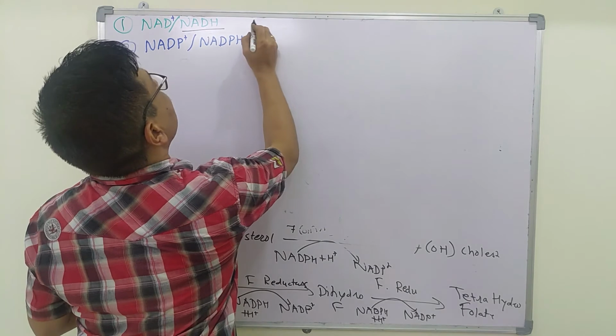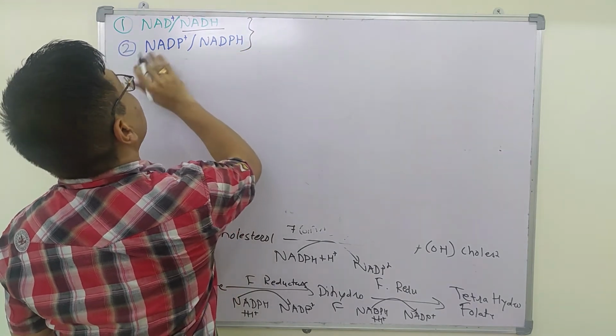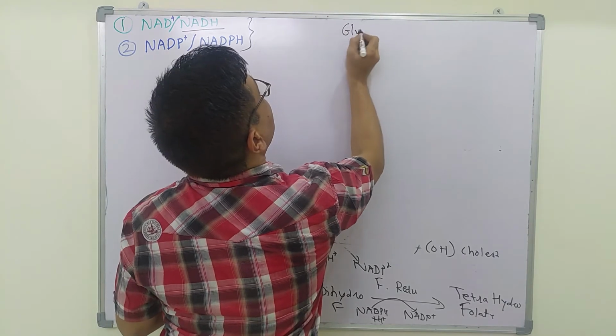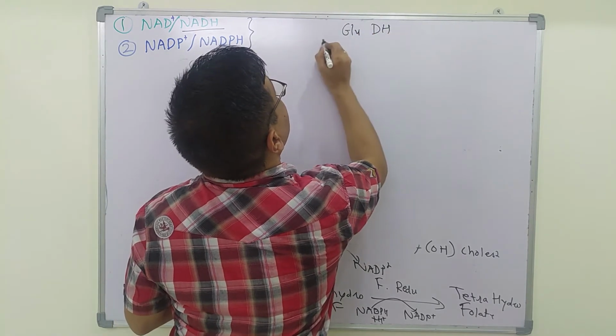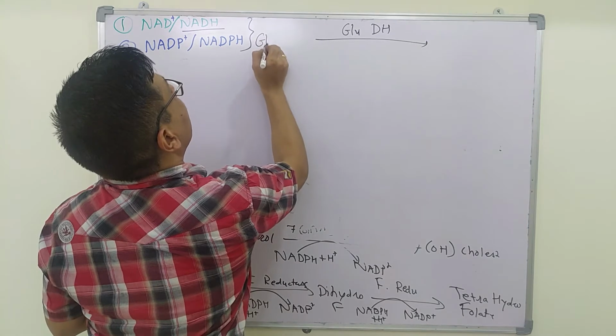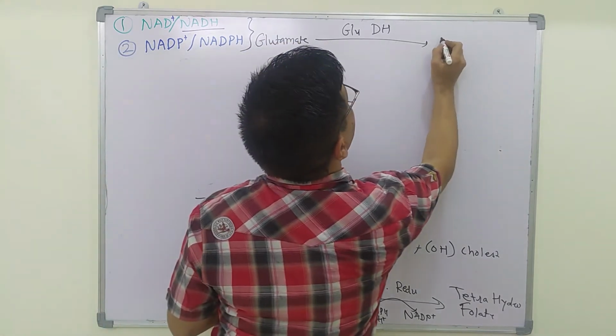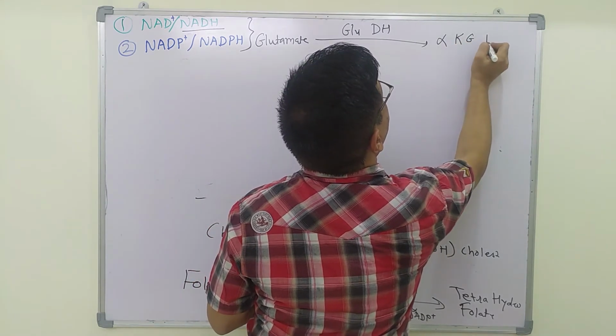Coming to enzyme which can accept both NAD or NADP as the coenzyme, it is glutamate dehydrogenase. In this reaction, glutamate acted upon by glutamate dehydrogenase is converted into alpha ketoglutarate and ammonia.